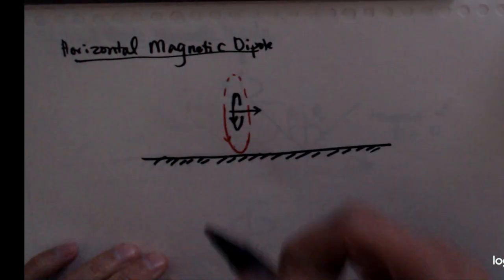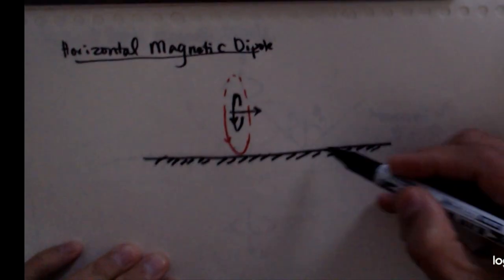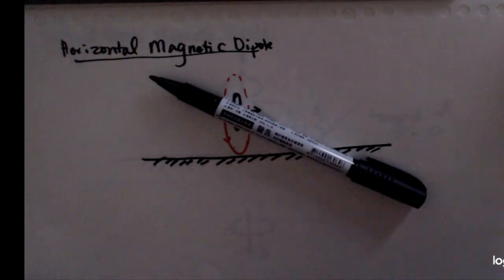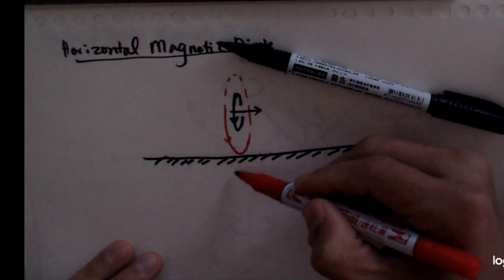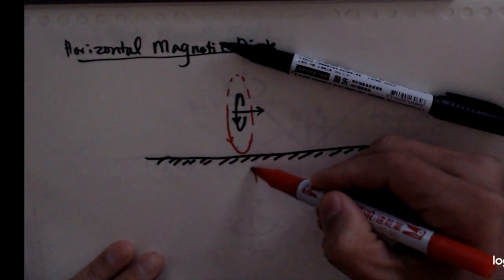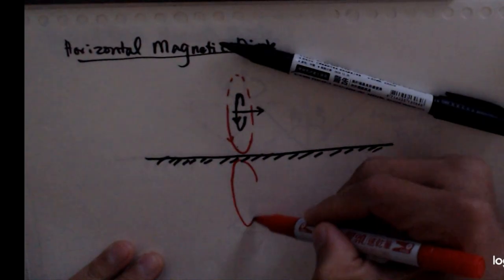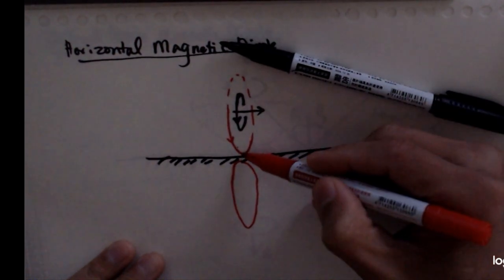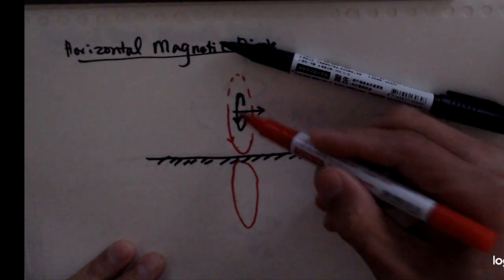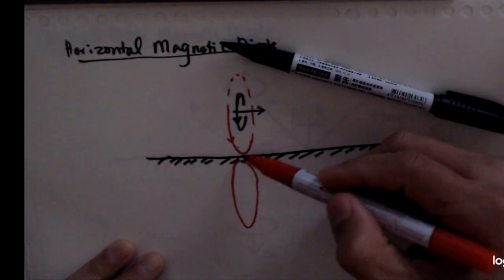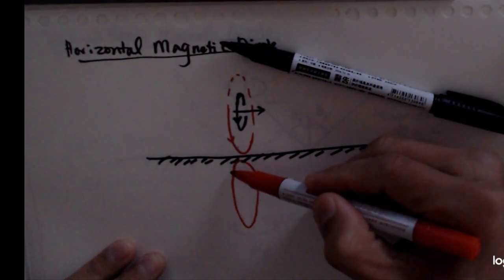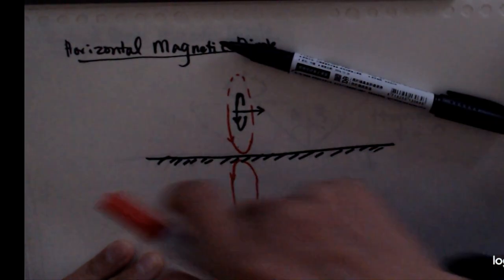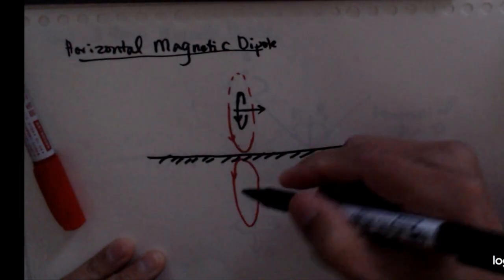In order to make sure you have zero tangential electric field, you need to have an image such that the image produces another current, producing an electric field that cancels off the tangential electric field from the original dipole. So in this case, in terms of the image antenna, it will be like this.